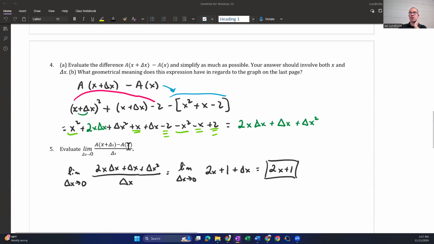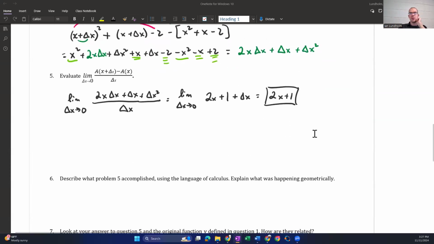This is a difference quotient, a difference of y values over a difference in x values. And so we just took the derivative of an area function, which is a type of integral in itself. So now we're wondering, what object do we have after taking an integral and then taking the derivative of that integral? And we've got this thing, 2x plus 1.